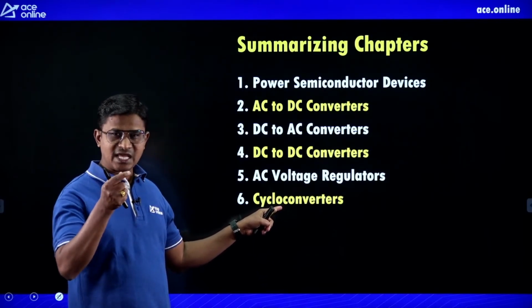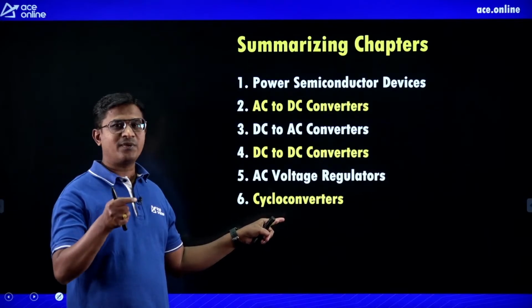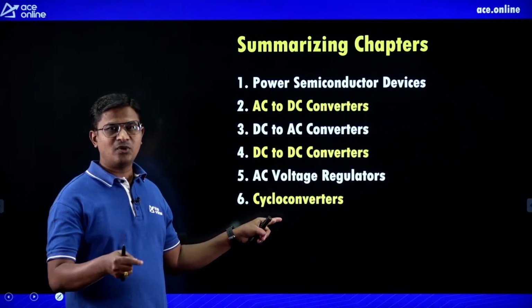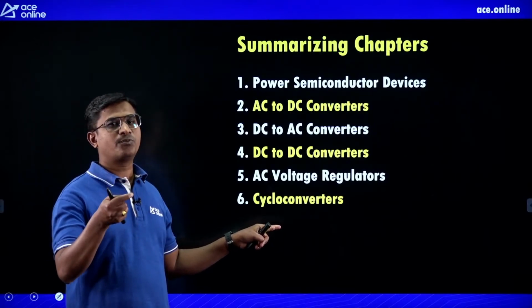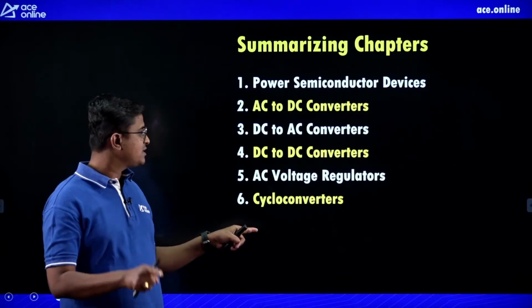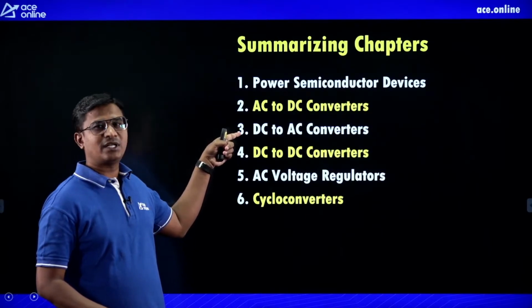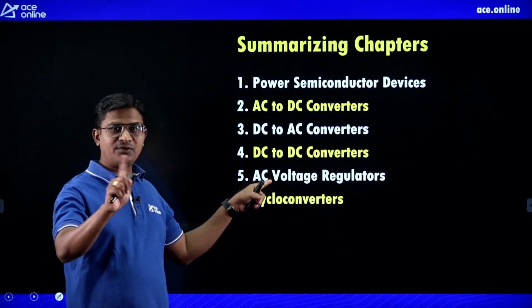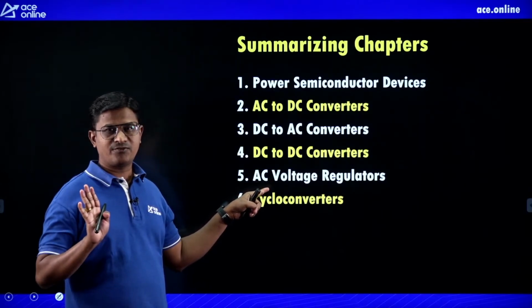In one examination they asked which of the following converters give variable voltage and variable frequency output? Variable voltage, variable frequency means DC to AC converter as well as cyclo converter. AC voltage regulator will not give variable frequency, be careful.